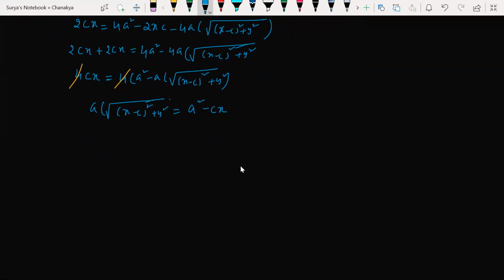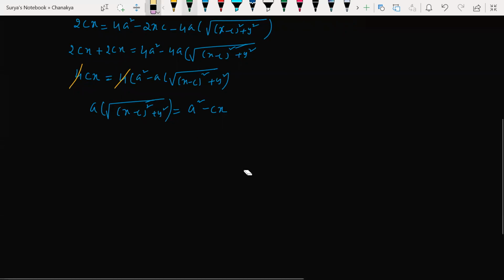Now look at this here. So a square. So what shall we do after this? Taking a common. If I take a common here, what am I left with?